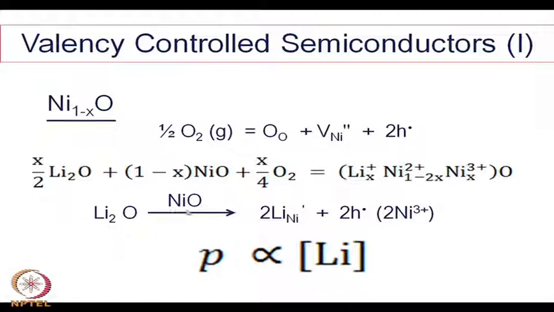So, Li2O goes into nickel, creates 2 Li'Ni with a single prime, because Li has one less positive charge. So, it is effectively a negative charge, and in the process creates 2 holes. These 2 holes are actually written here as 2 Ni3+.